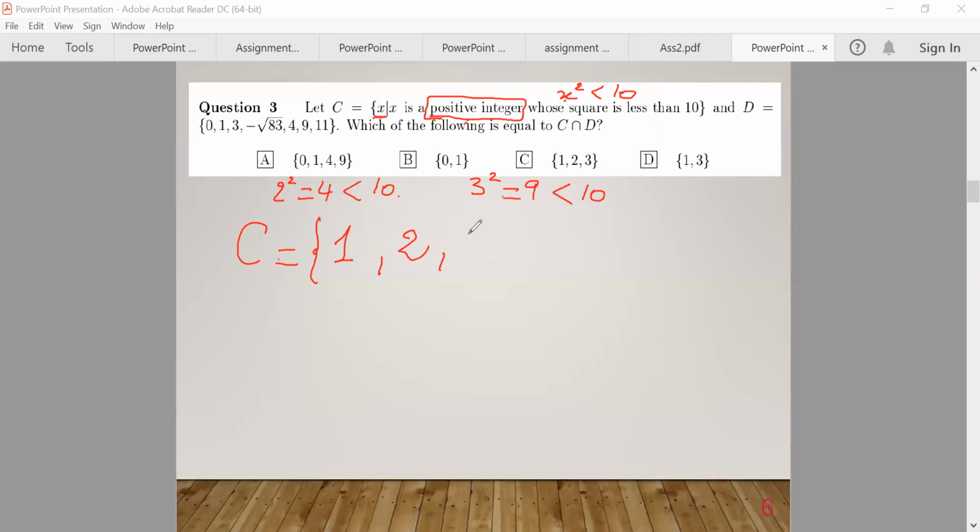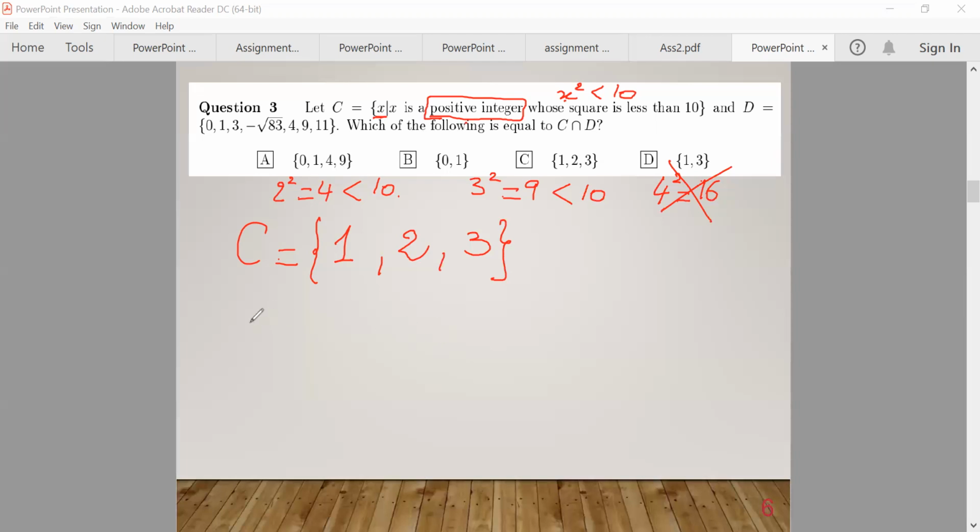So 3 also is an element of C. 4 is a positive integer, but 4 squared is 16. No, 16 is not good because it is greater than 10. The bigger the number, the bigger its square. So these are the only elements of C.